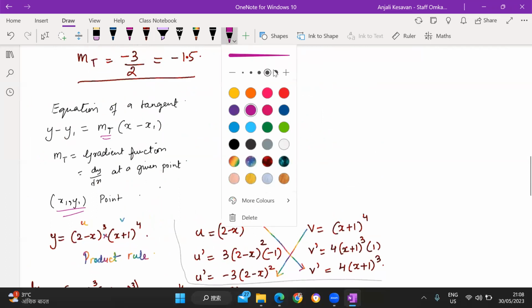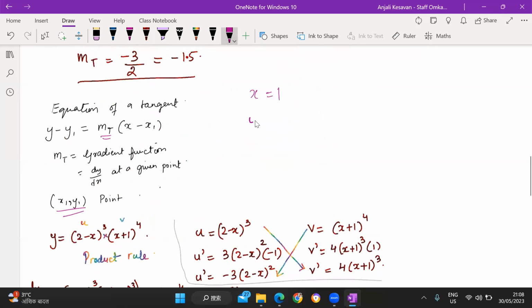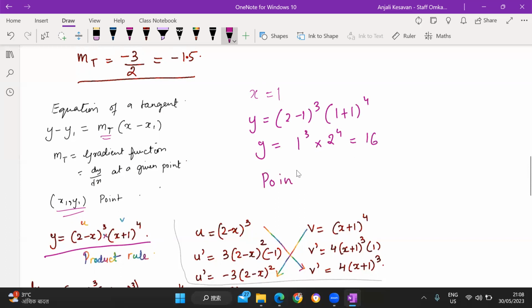So we will have to substitute this value of x as 1 in the curve y. So 2 minus 1 the whole cube times 1 plus 1 the whole raised to 4. So finally, what is the value of y? 2 minus 1 is 1 cube times 16. 2 raised to 4 is 16. So what is our point? Our point is 1 and 16.